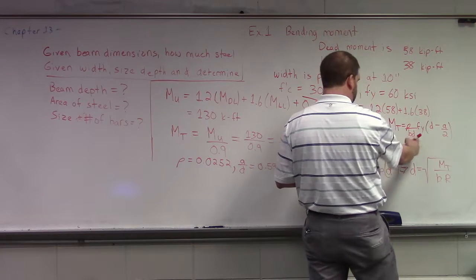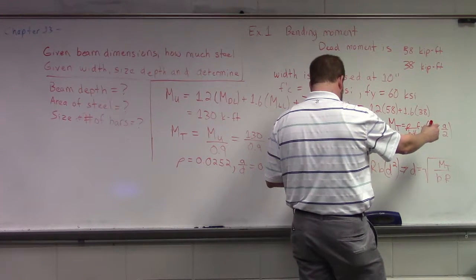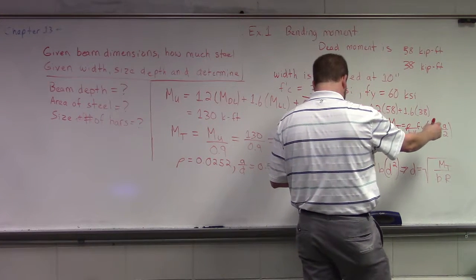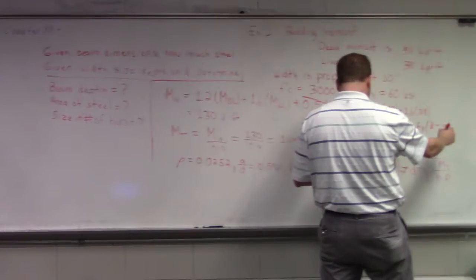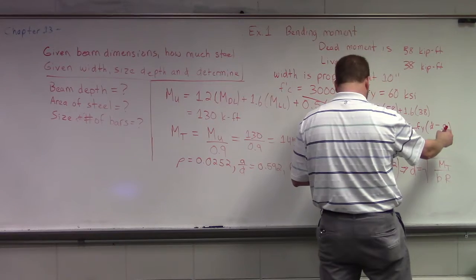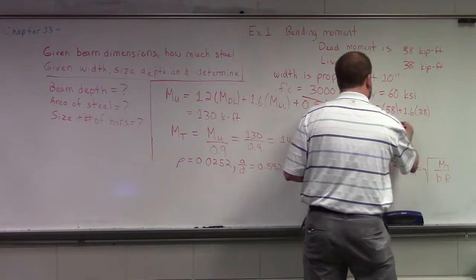Well, the D goes away. The D is reduced, right? Then we need to rewrite it. Oh, no, I don't need it. Sorry, I don't need the MT equation, I need the A equation.